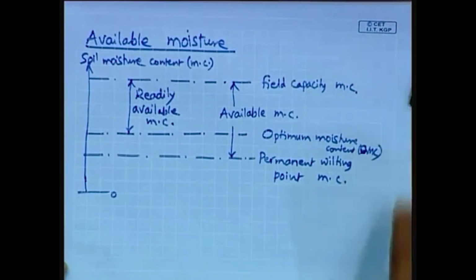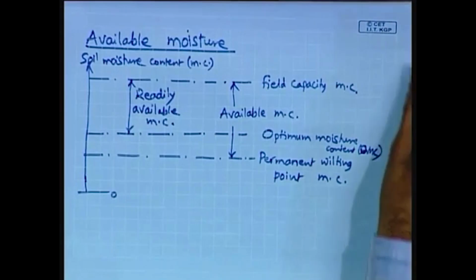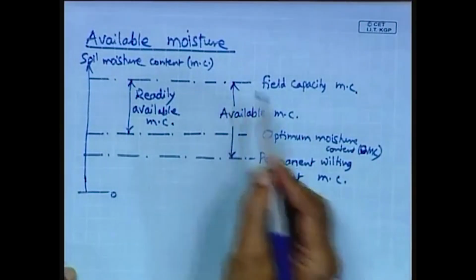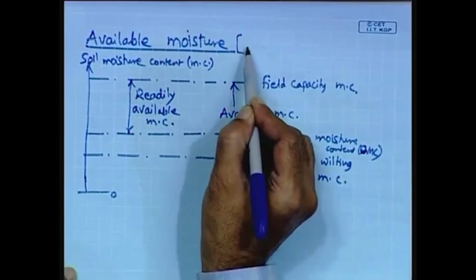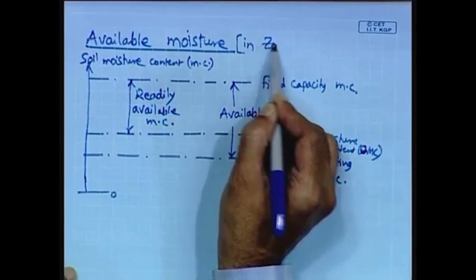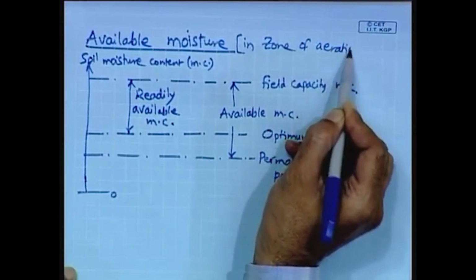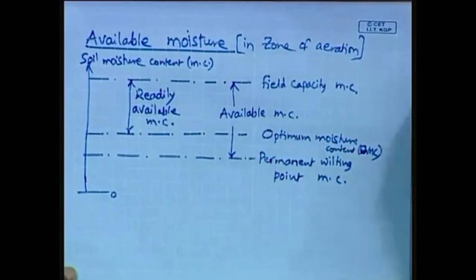Now, let us come to the moisture content in the zone of this one. So, this is available moisture, and this is in the zone of aeration. Okay.